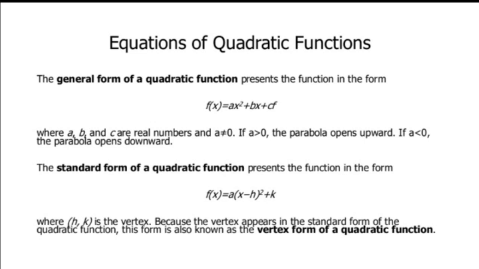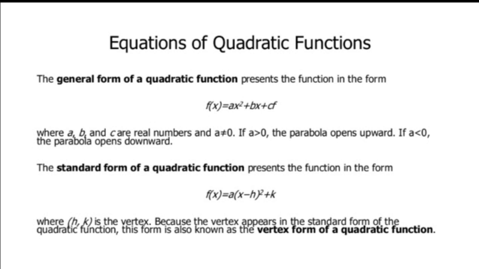Now, let's discuss the equations of quadratic functions. The general form of a quadratic function presents the function in the form f of x equals ax squared plus bx plus c, where a, b, and c are real numbers and a is not equal to 0. If a is greater than 0, the parabola opens upward. If a is less than 0, the parabola opens downward.